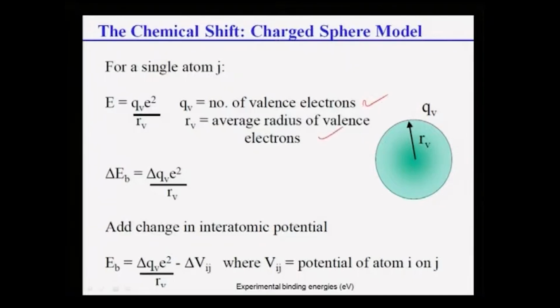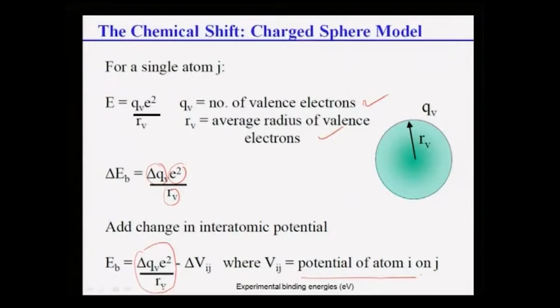So the change in binding energy is obviously due to the change in the number of valence electrons; the other terms do not change. If I add the change in the interatomic potential because of this change, then E_B becomes V_ij plus the quantity delta q_v e squared over r_v, as you see here.